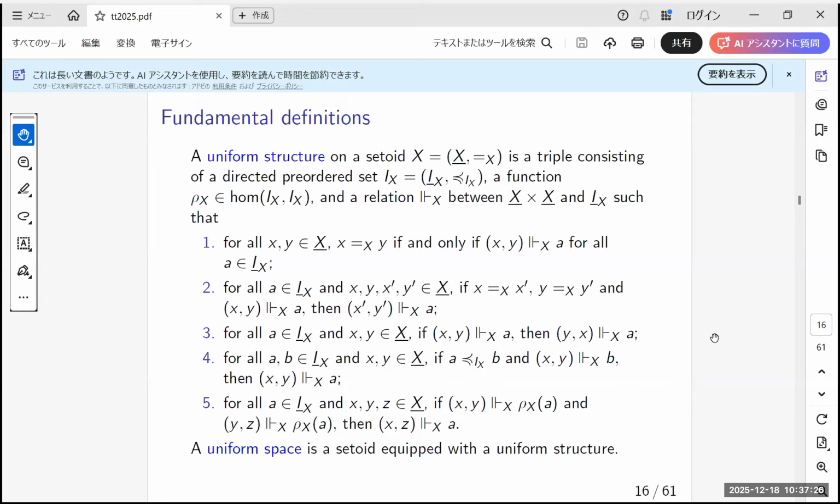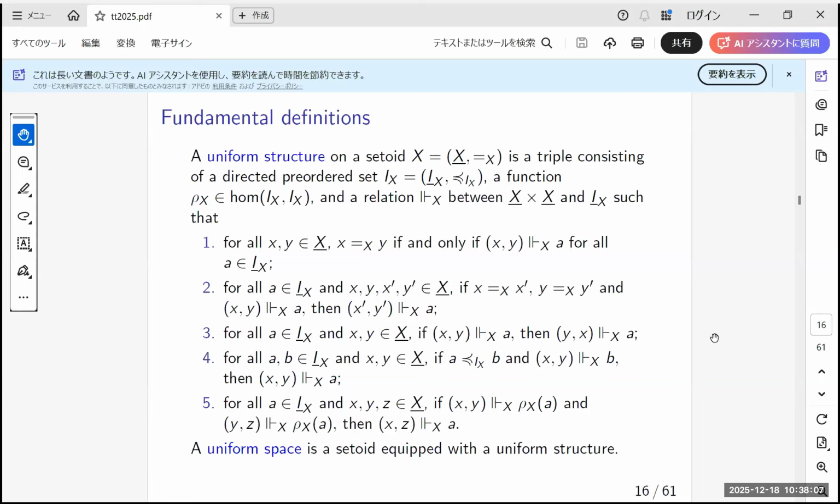And the fourth condition says that, for example, if entourage A is a subset of entourage B, in the other direction, entourage A is a superset of entourage B, then if XY is in entourage B, then XY is in entourage A. And the fifth condition corresponds, in a metric case, to the triangle inequality.